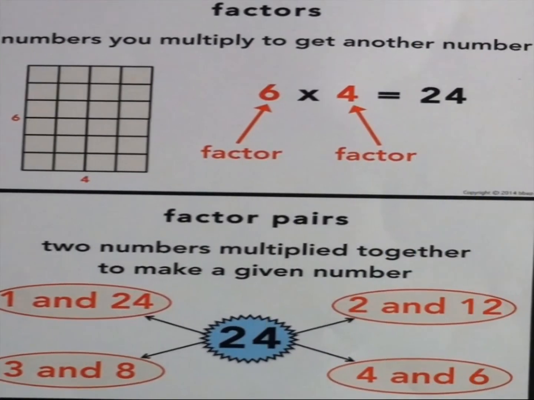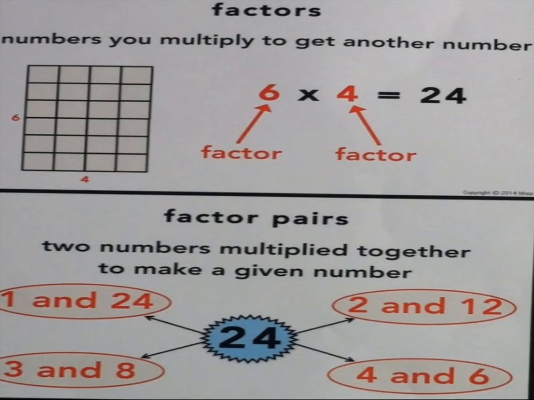Now in this we shall experience that the number you multiply to get another number. With the help of this box you will come to know that 6 and 4 are the factors of 24. They are the pairs.